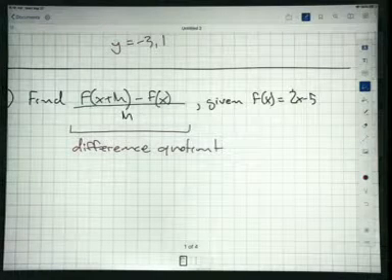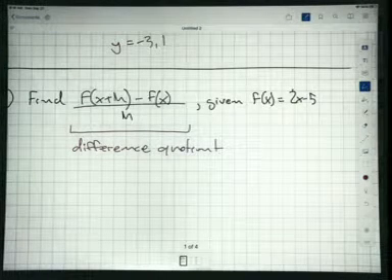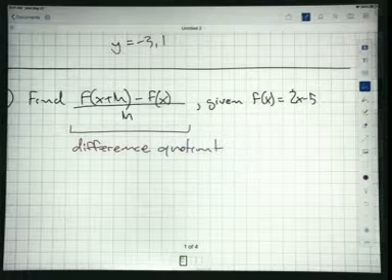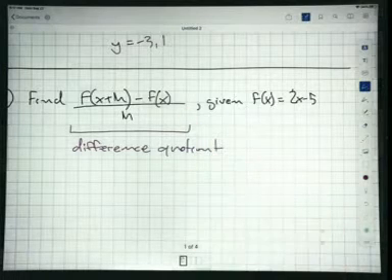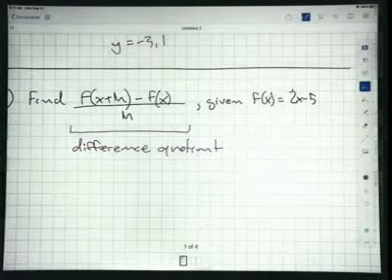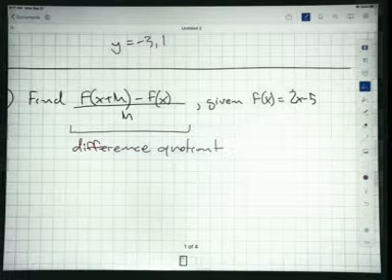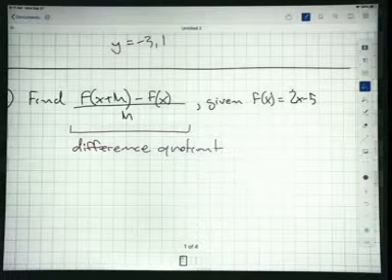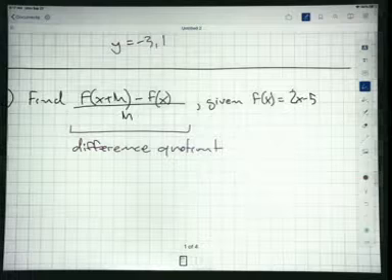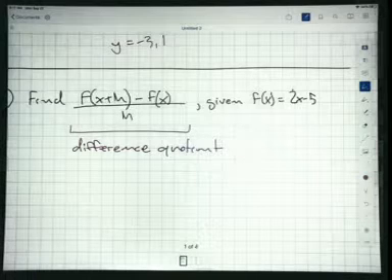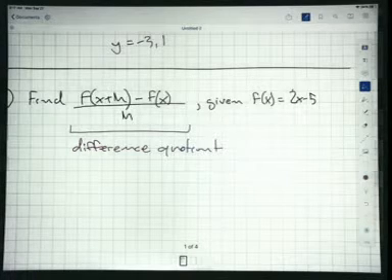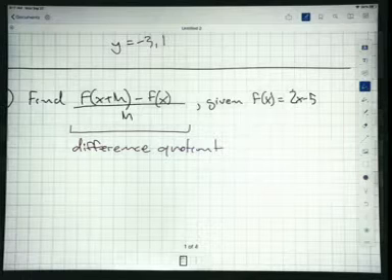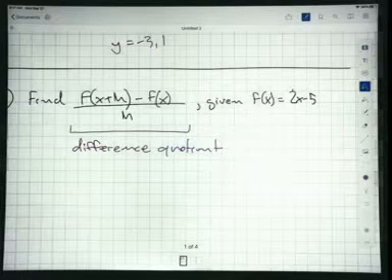If any of y'all are going to go on into calculus, you're going to almost immediately see this difference quotient again. So we're not going to get into the ins and outs of the implications within calculus. We're just going to follow the algebra here.